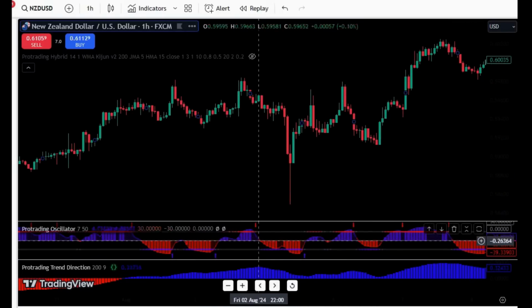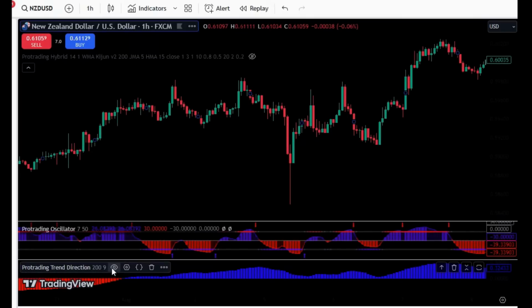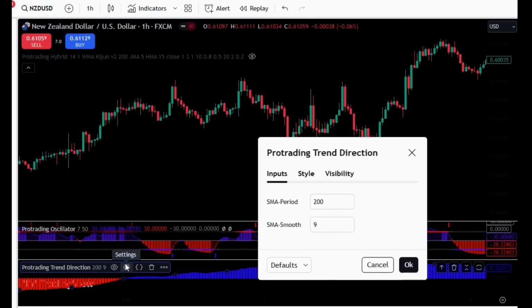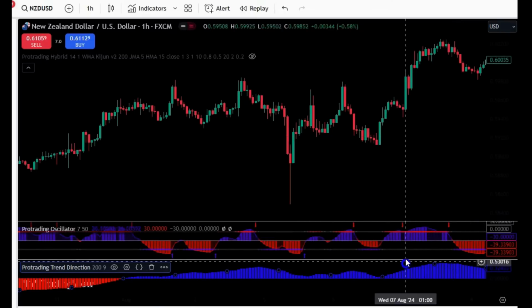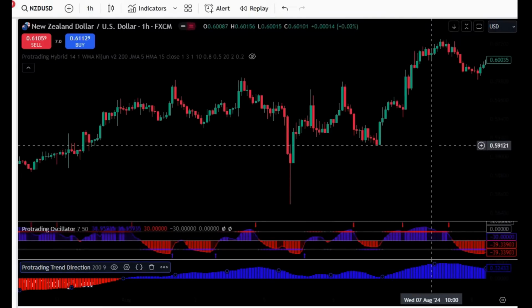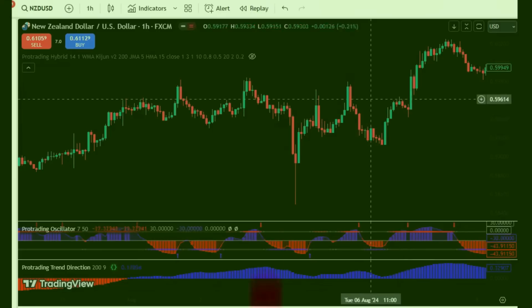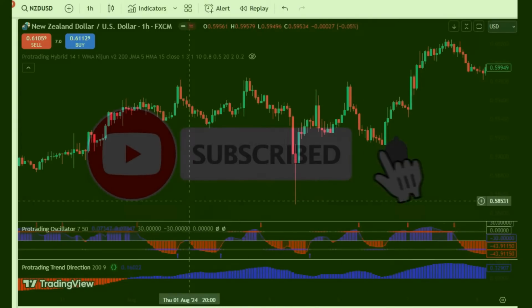Once these two indicators are added, you can modify the settings if you want, but I'll be using the default settings as they are working very well for me. This strategy works well for me on the 1 hour time frame, so I'll be sticking to the 1 hour time frame for this strategy.